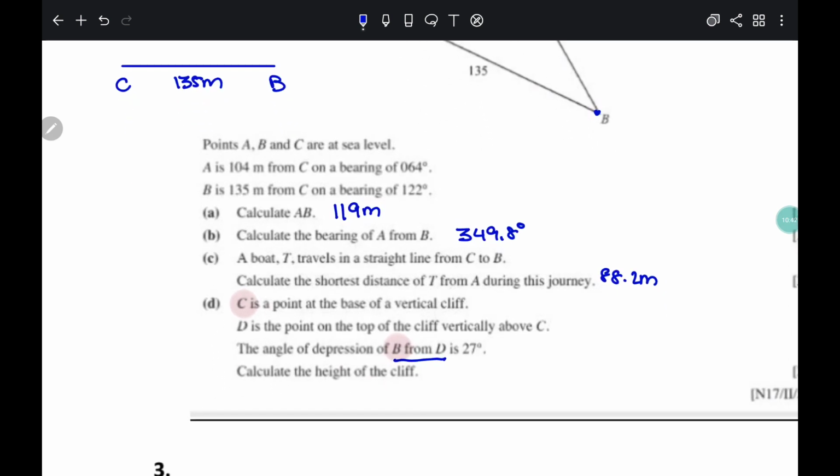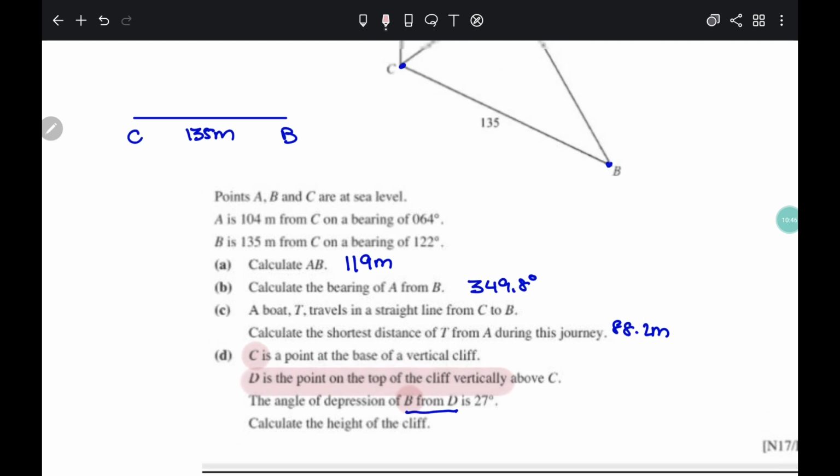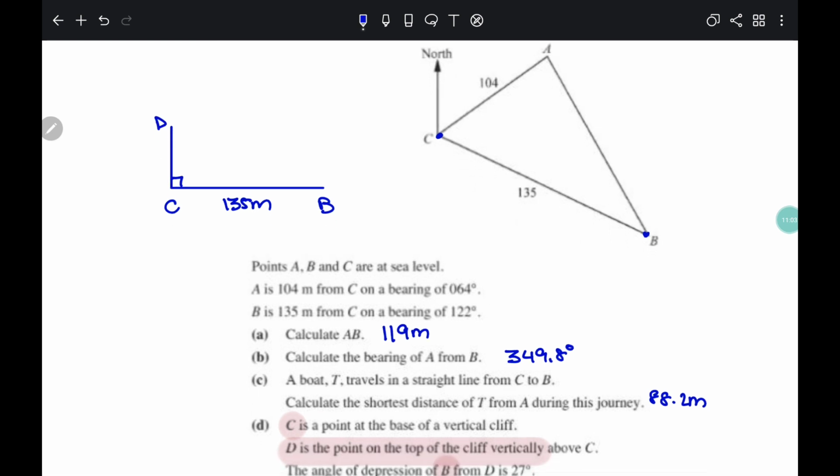Point D is vertically above, therefore I must draw D vertically above. That's why I cannot draw on the original diagram, because now this is three-dimensional. So this on top, perpendicular.